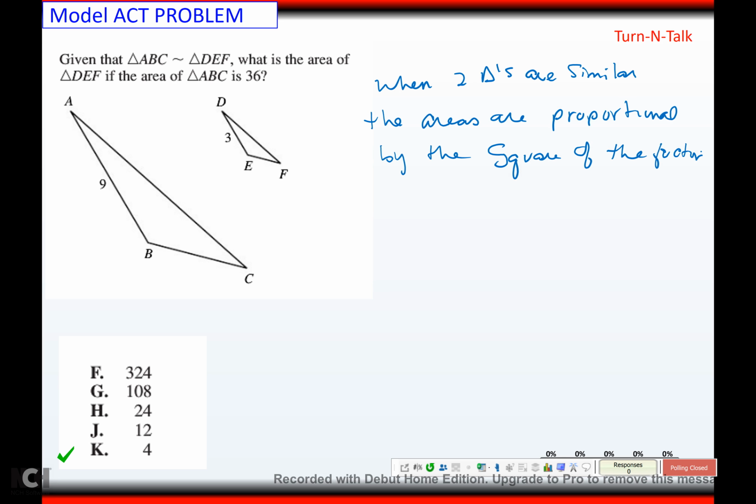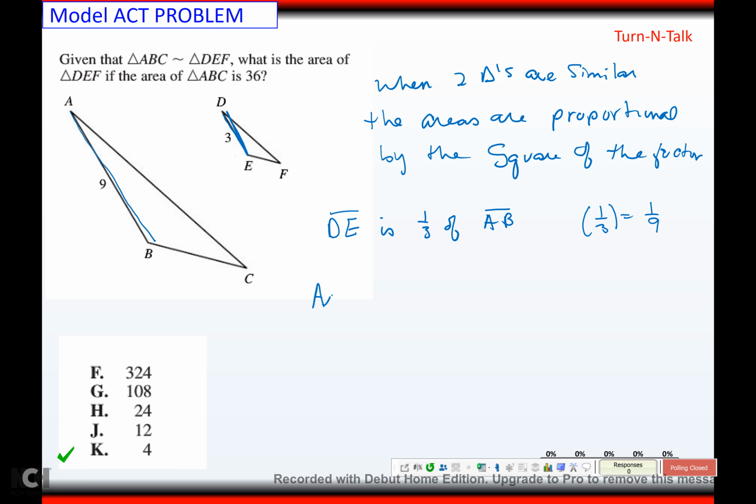Well, since they said they're similar, DE corresponds to AB, so I can say that DE is 1/3 of AB, because 3 over 9 would be 1/3. Well, it says by the square of that factor. Well, if I square 1/3, that's 1/9.